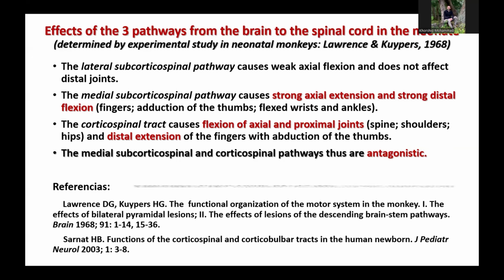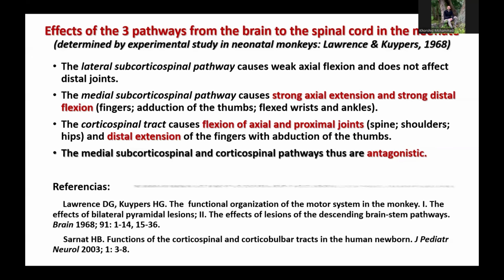And they did this on the basis of studies experimentally in neonatal monkeys by stimulating and selectively destroying certain parts of the brainstem where the pathways originated to see what the effects were. And their conclusions were that the lateral subcorticospinal pathway causes some weak axial flexion, but doesn't affect distal joints. It's the least important of the three.